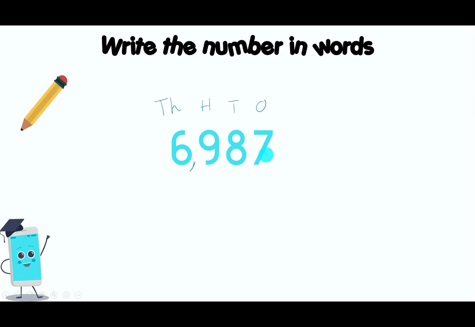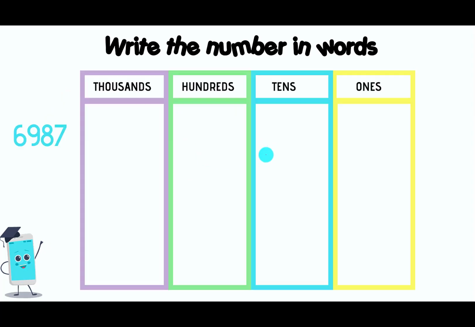So I can say the number, so I should be able to write the number. If you're still a bit unsure, I'm going to take the digits and place them into the place value chart. So 6,900, 8 tens and 7 ones.